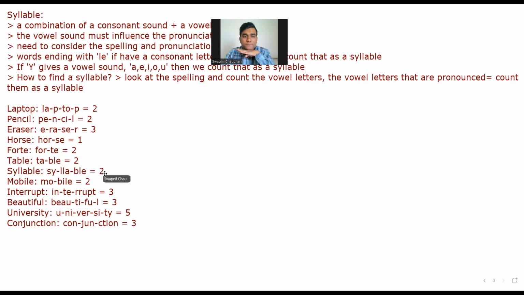And then we have syllable, syl, la, ble. Okay, so I think with syllable, we have three. Okay? If you try to count it, syl, la, ble. Syllable, we have three over here. And then with mobile, mo, bile, two.